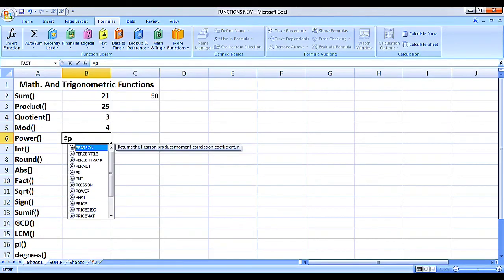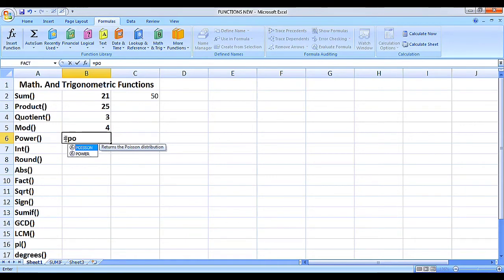Next one, POWER function. This function is used to raise a number to a power. We know to calculate x raised to y, we need two values. First one is base, another one is exponent. To raise 2 to the power 5, first argument is 2, that is base.